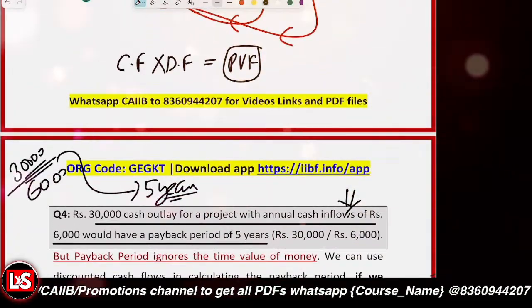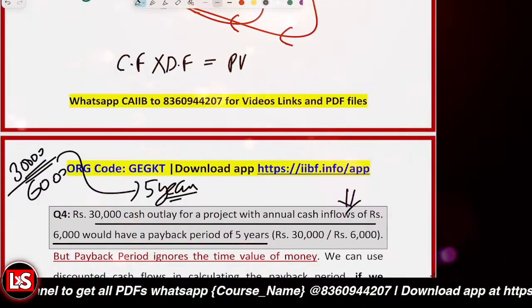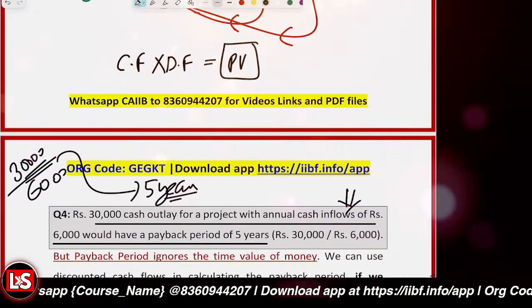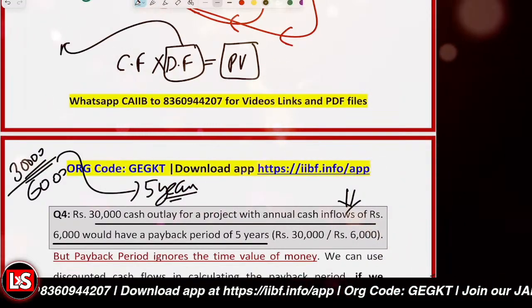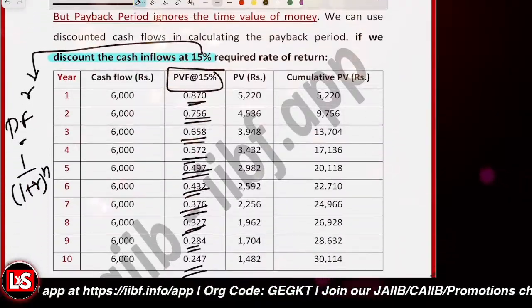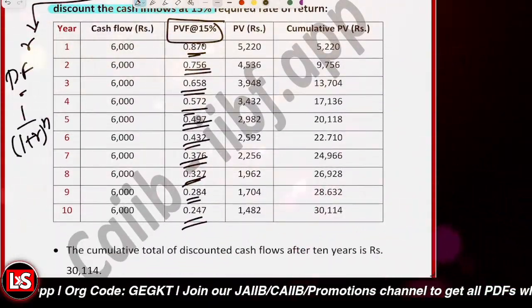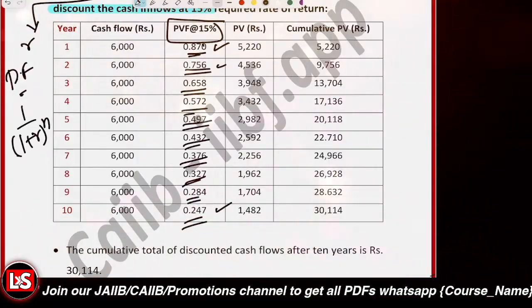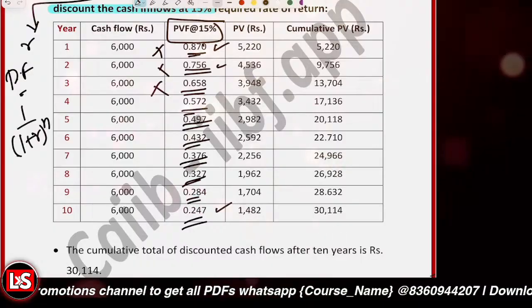When we multiply the cash flow with the discounting factor, it becomes a present value. This is also called the PVF, present value factor. So we calculated the discounted factor value for the first year, second year, and up to the 10th year. And then we multiplied the cash flow with the PVF to calculate the present value.